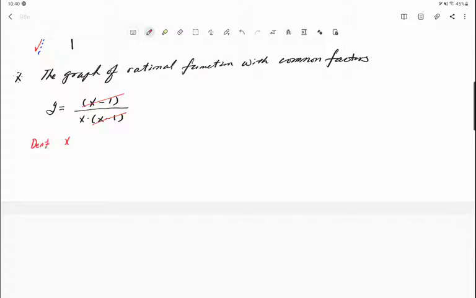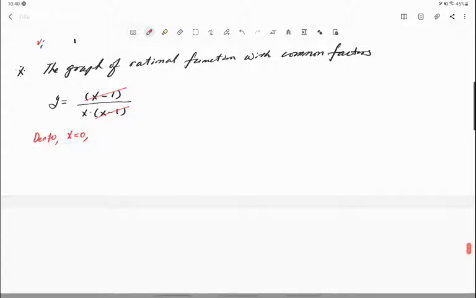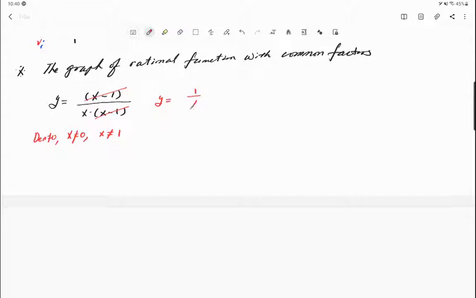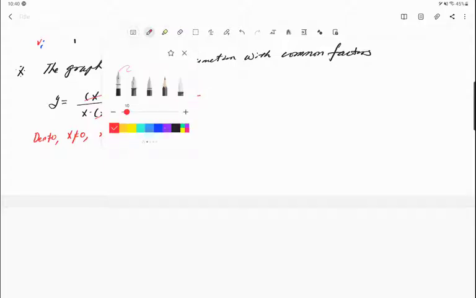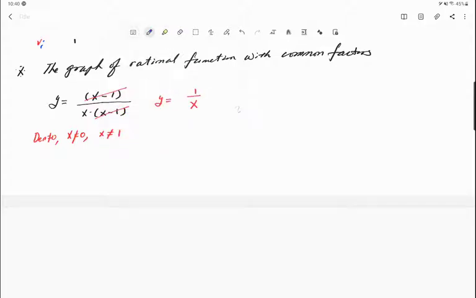So x should not be equal to 0, and also x should not be equal to 1, right? So we keep this in mind because there's no y value when x equals 0 and 1, because this makes the denominator 0. So once we cancel this out, it looks like this, 1 over x, right? So the graph is based on 1 over x.